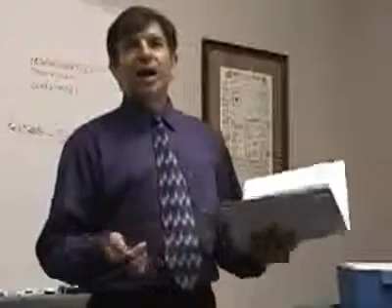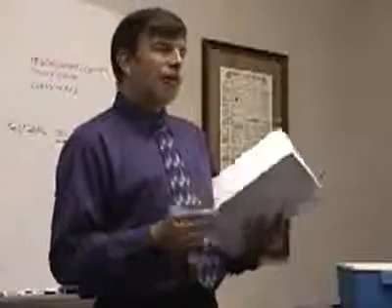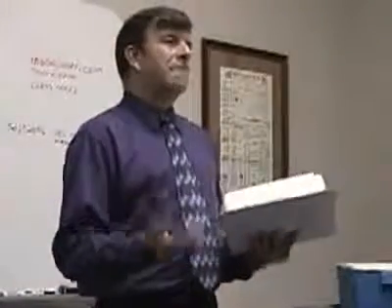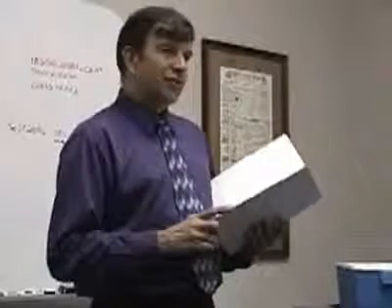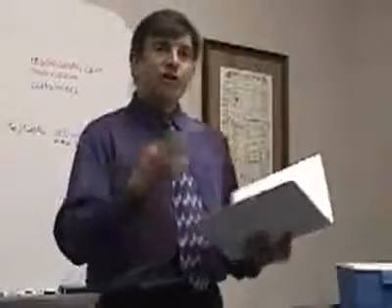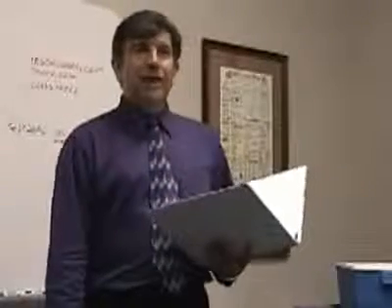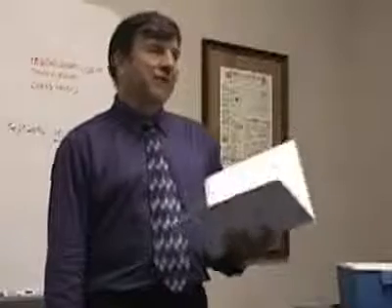Article 5 of the Constitution. The Founding Fathers realized they were not omniscient. They knew that we would have to change it. So Article 5 is all about amending the Constitution. How do you go about changing it? Well, the first thing that you have to do is propose an amendment. How can you propose an amendment?